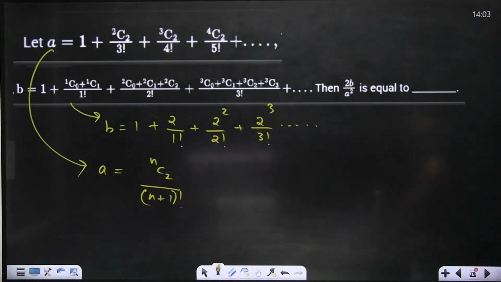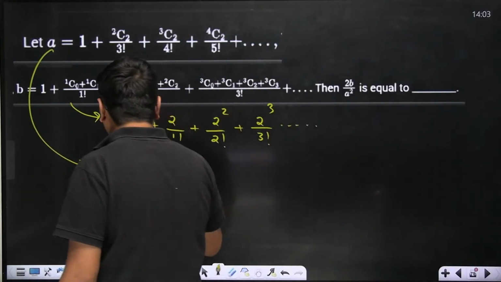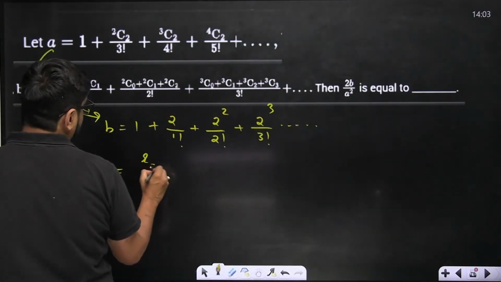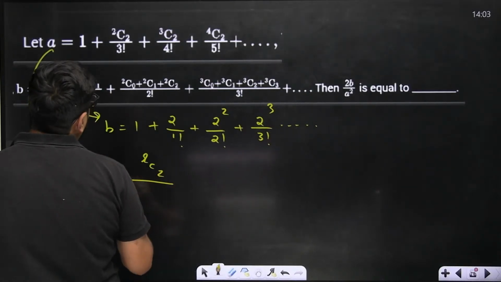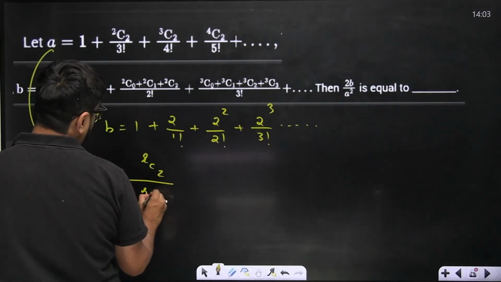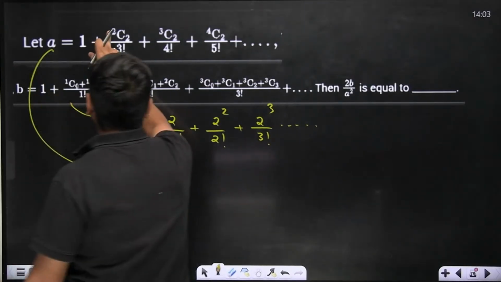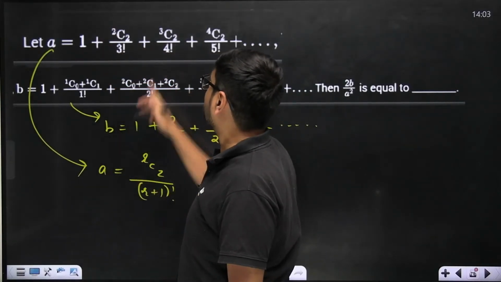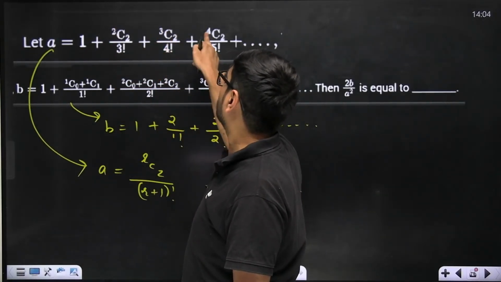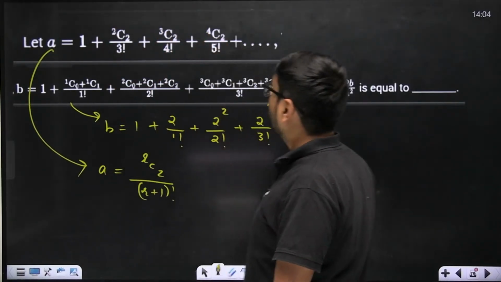Can you confirm? Instead of n, let's write in terms of r. So RC2 divided by r plus 1 factorial, right? 2C2 divided by 3 factorial, 3C2 divided by 4 factorial, 4C2 divided by 5 factorial.